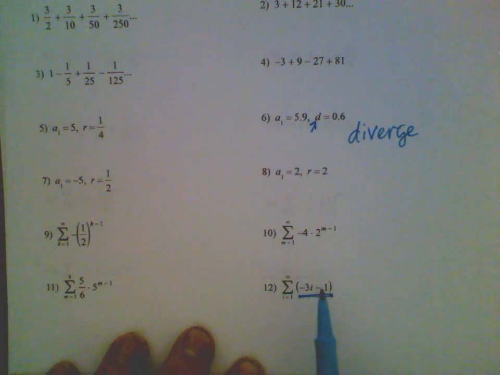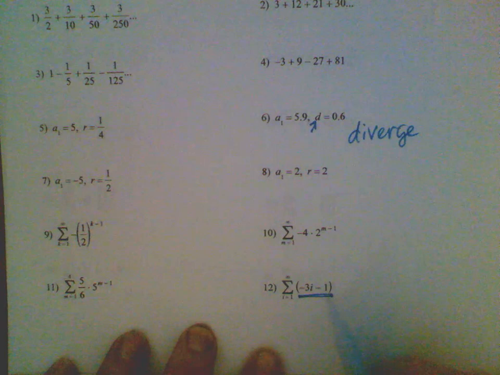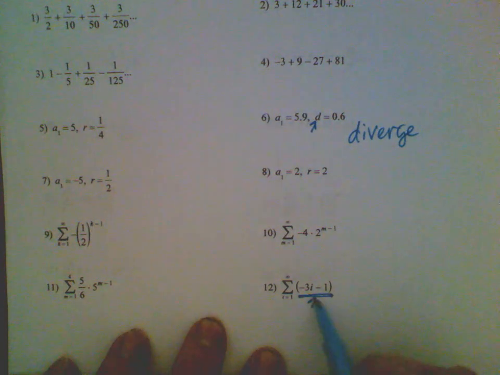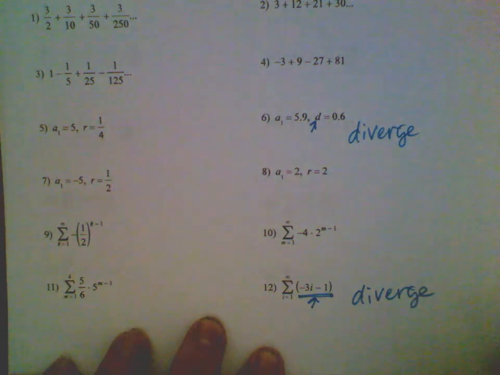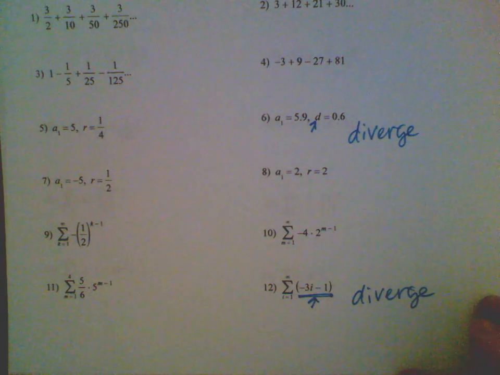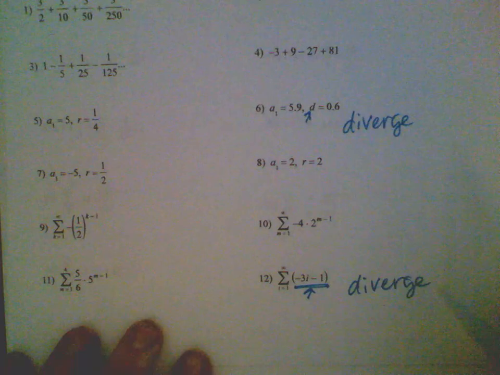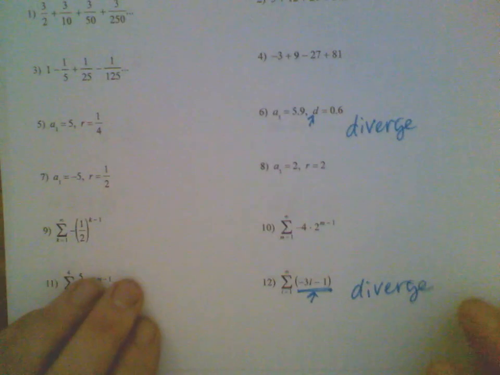This is the form that we have here. Instead of n we have i, but it's kind of the same thing, with infinity up here. Because this is infinite arithmetic again, we can say automatically that this one diverges. So those two are out of the picture right now.